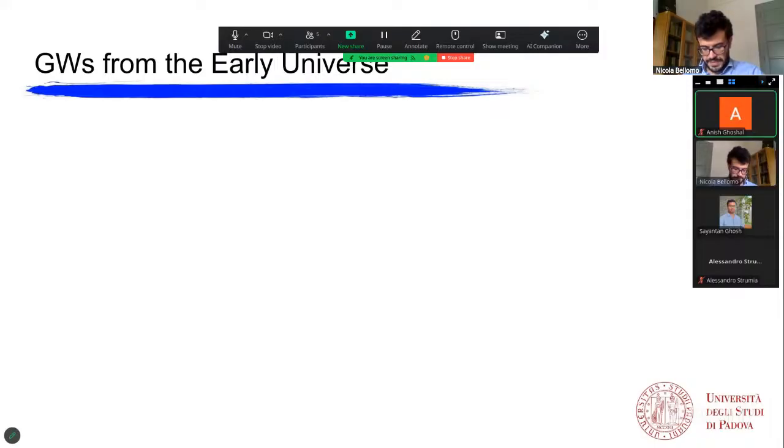As we said, it seems that astrophysical sources are not enough to explain the strength of the detected signal. And one alternative is to study whether gravitational waves produced in the early universe can actually complement the astrophysical signal to justify what we observe.